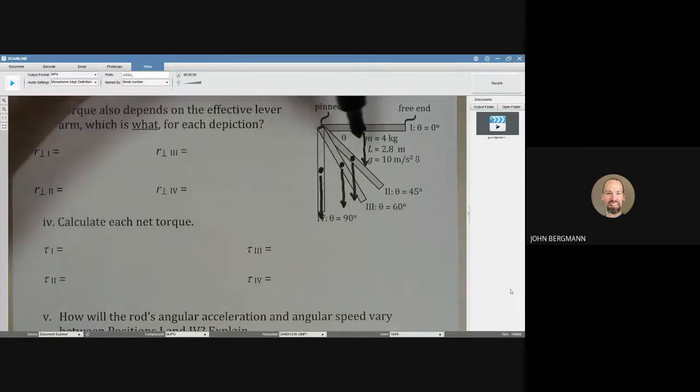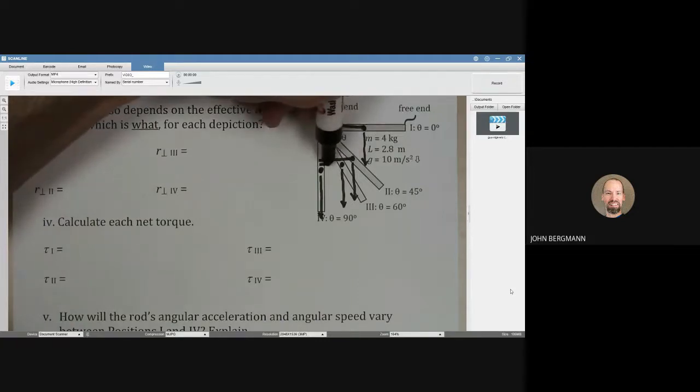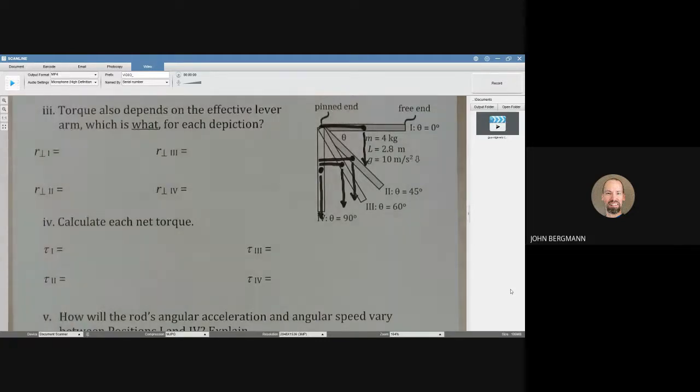So the effective lever arm is going to be at right angles to the force. Boom, right there. And boom, right there. And boom, right there. So the effective lever arm for position 1 is going to be half the length of the rod, which is going to be 1.4 meters.